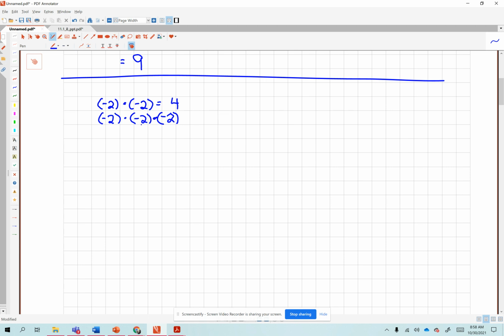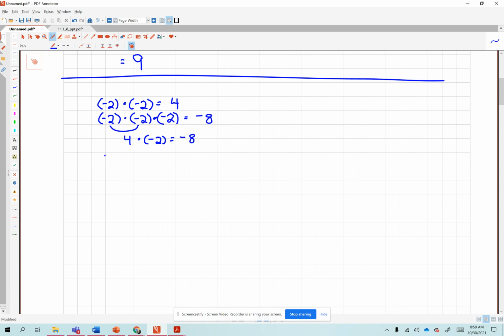Negative 2 times negative 2 is positive 4. Positive 4 times negative 2 is negative 8.